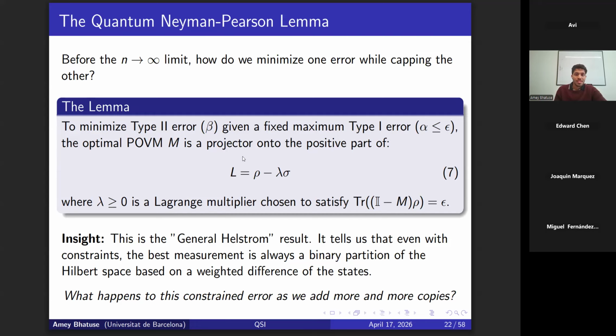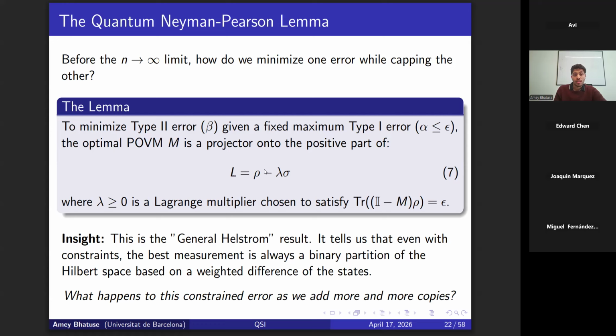Now, this is all mathematics, but the insight I can give from here is that this is the general Helmstrom measurement that we can have. And what it tells us is that even with the constraints, the best measurement that we can have is actually a binary partition in your Hilbert space.